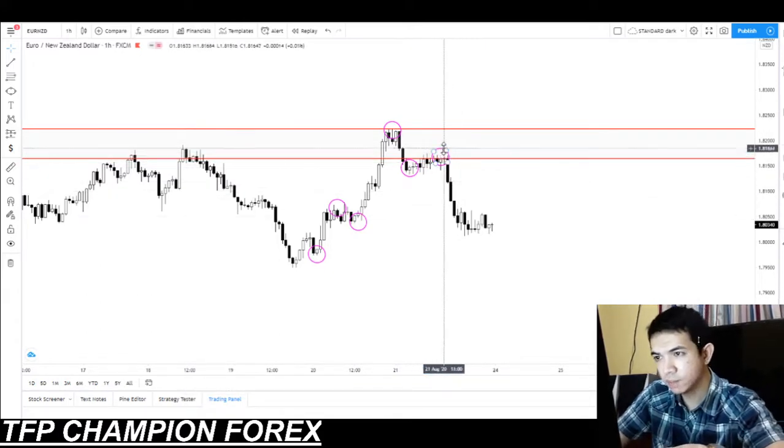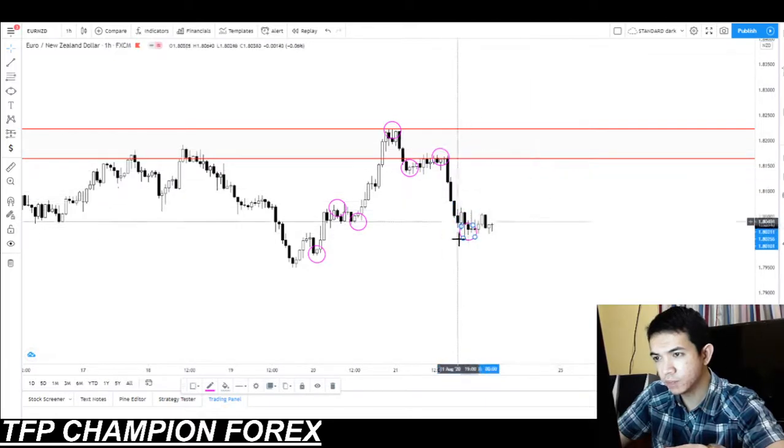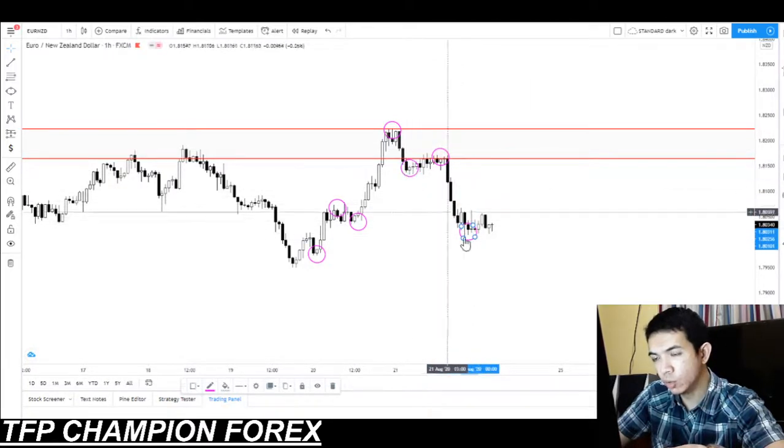So after that, the price moved again to form a lower low.